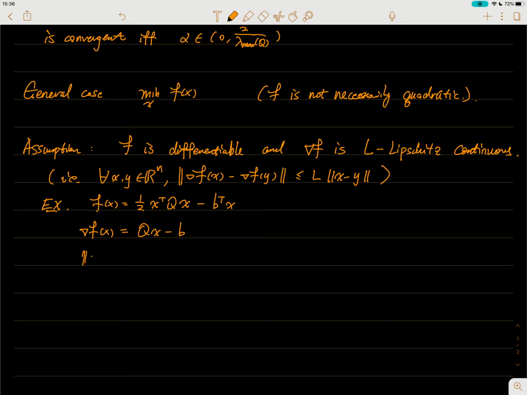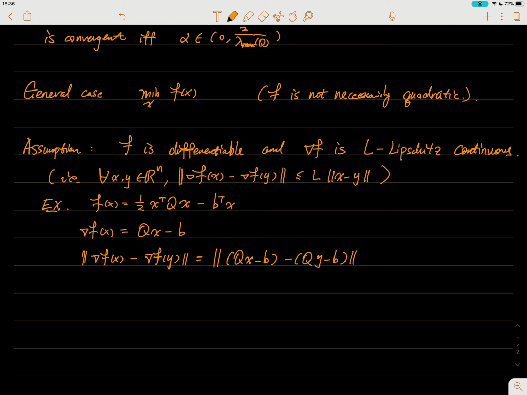And now let's see the gradient of f at x minus the gradient of f at y. What happens to this? It's just Qx minus b minus another Qy minus b. Right, when I plug in x and y respectively, I'll get this.